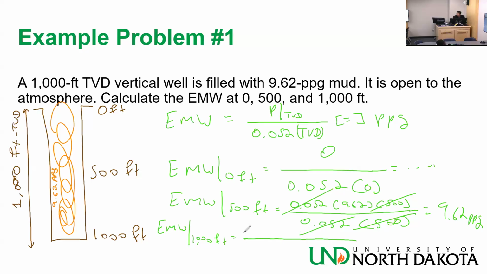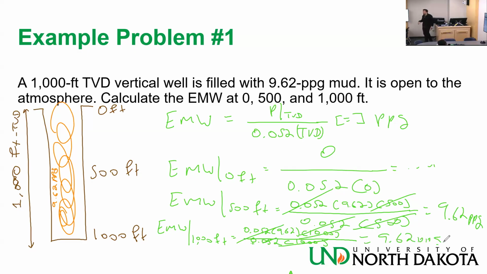Again, the same equation: 0.052 times 9.62 times 1,000, divided by 0.052 times TVD, which is 1,000. The 1,000 cancels out, 0.052 cancels out, and the answer I get is 9.62 ppg, right?